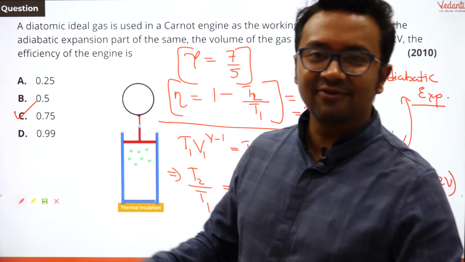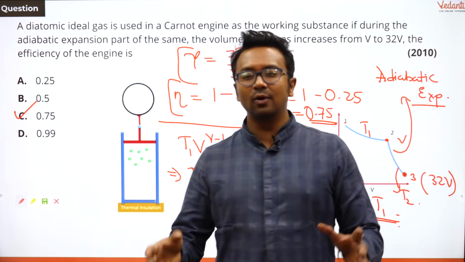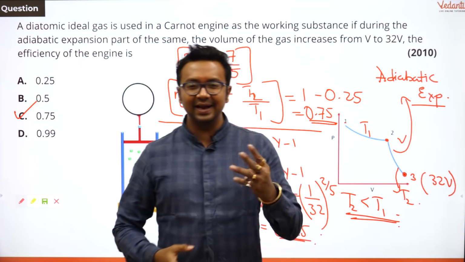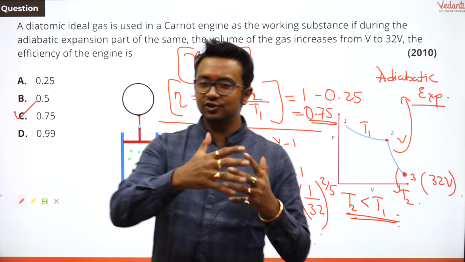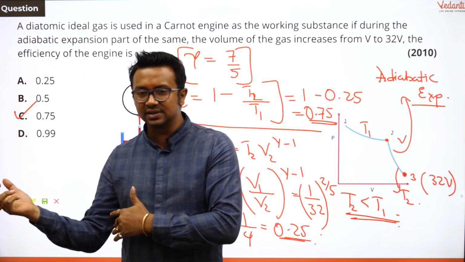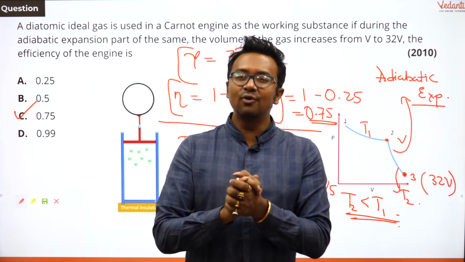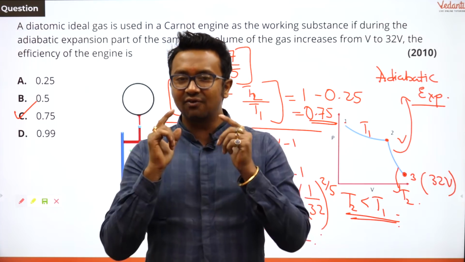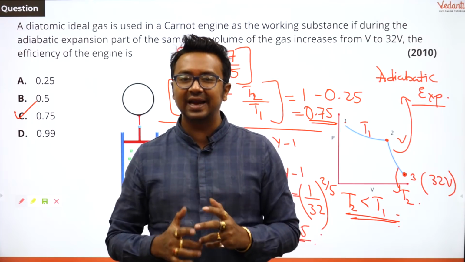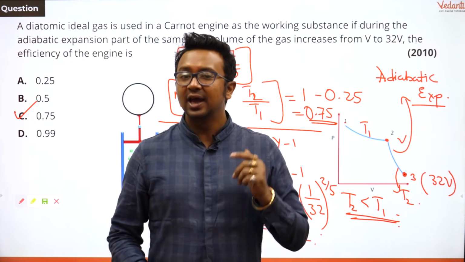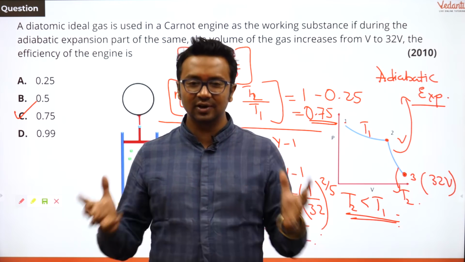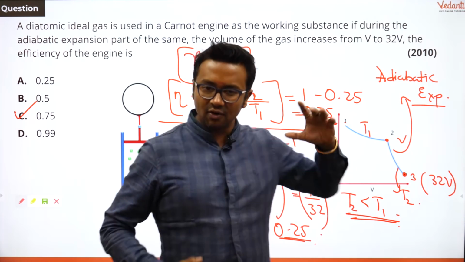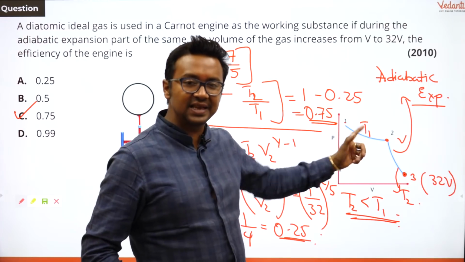Alright students, that's it for today's session. I hope you have liked all the problems and the concepts in this, the heat engine, the refrigerator. The heat engine, if it is working backwards as a refrigerator, then how to find out in general the efficiency of any given cycle, and finally we looked at the efficiency of a Carnot engine, which is generally the maximum. We found it out from the derivation that we have seen here.